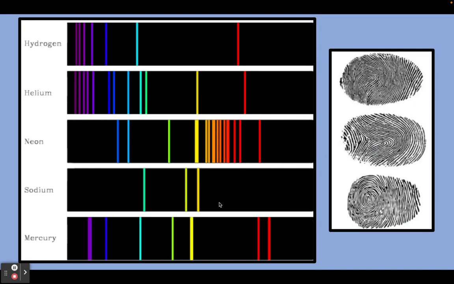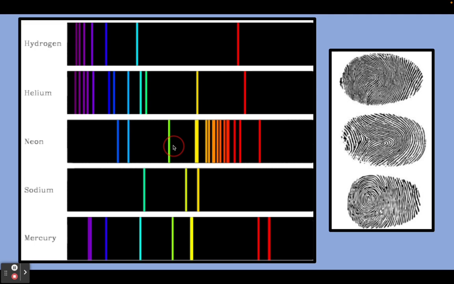And once again, we can see here that we have these different emission spectra, and these are the fingerprints of different elements. So just like we humans have different fingerprints and we can be identified by our fingerprints, each element has a different spectrum with different bands of light, different wavelengths of light that show up, and these spectra will identify the element coming from a particular sun.